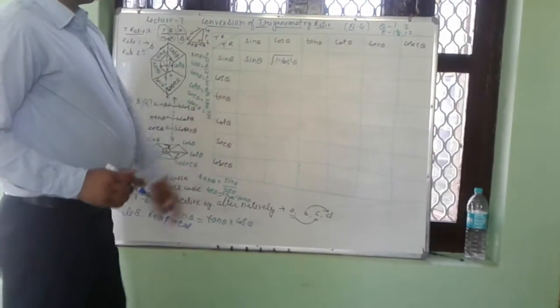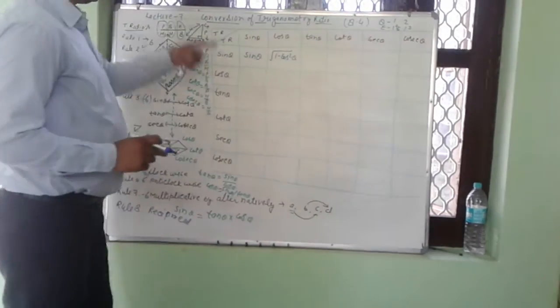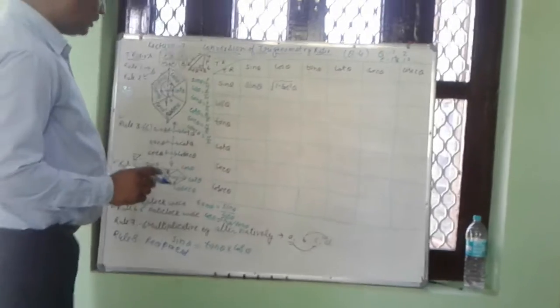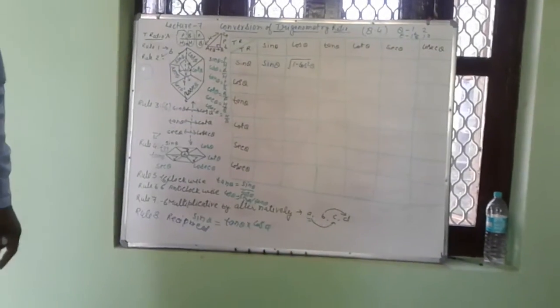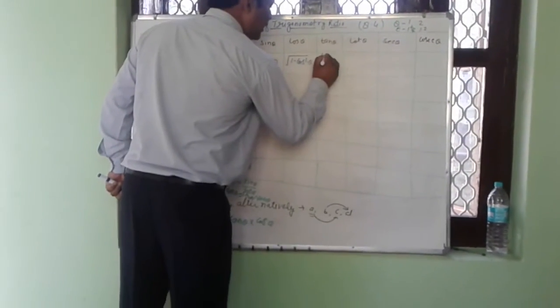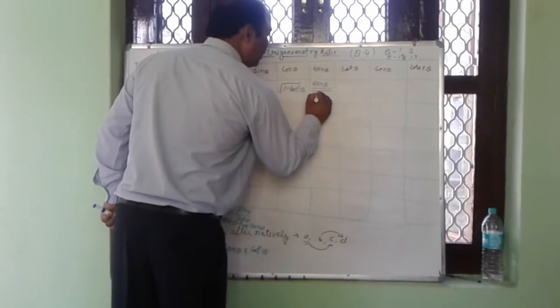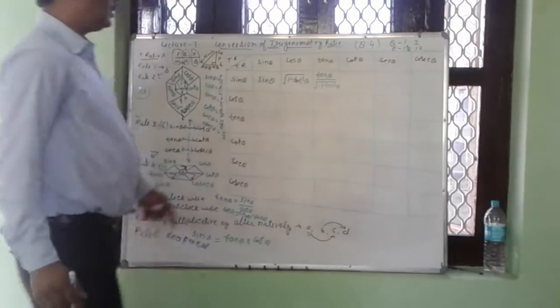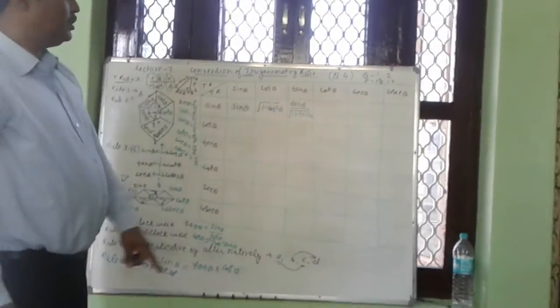Now sin theta in terms of tan theta we can write as tan theta upon root 1 plus tan square theta. If we solve this identity, we find this also.